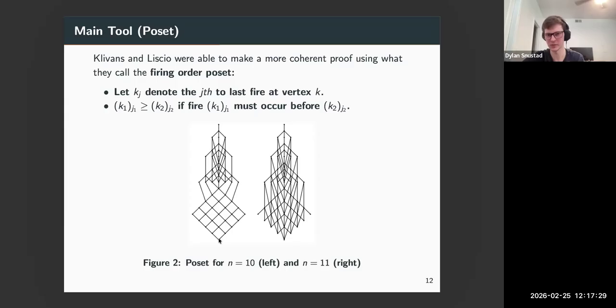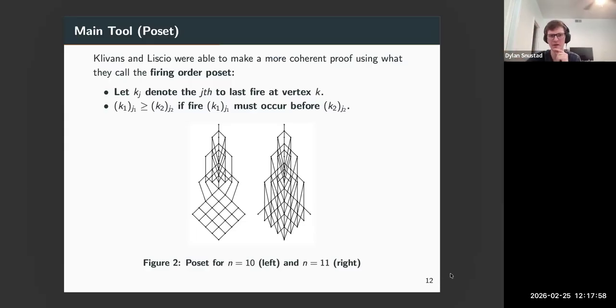What this poset tells me is that for the even case, my last fire is always going to happen at vertex 0. So it's going to end where I started, essentially. Then this represents my last fire at vertex -1, -2, -3, vertex 1, 2, 3, and so forth. As I go up, this represents the second to last fire at vertex 0, third to last fire at vertex 0, and all the way up.